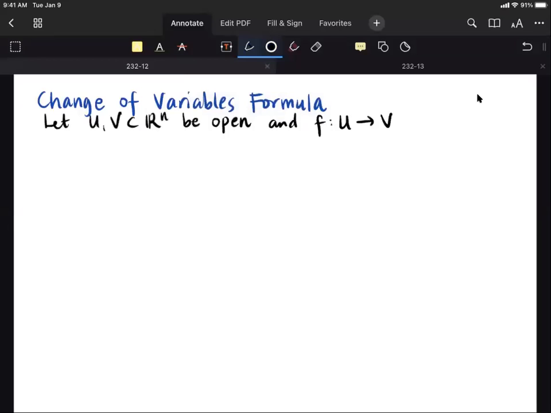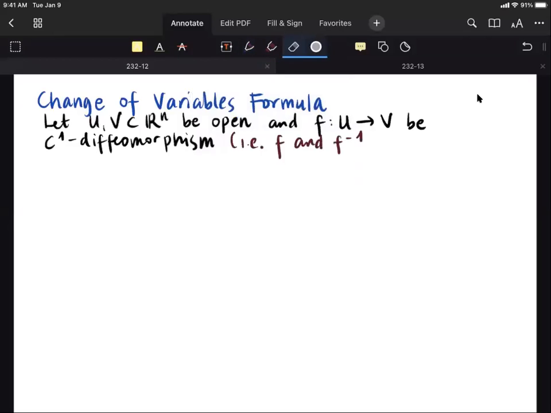that is a C1 diffeomorphism. And by this, we mean that F and the inverse. So it is assumed that F is bijective so that this inverse exists.